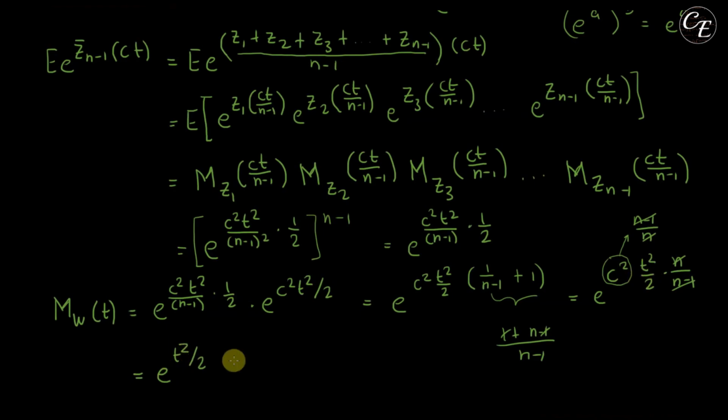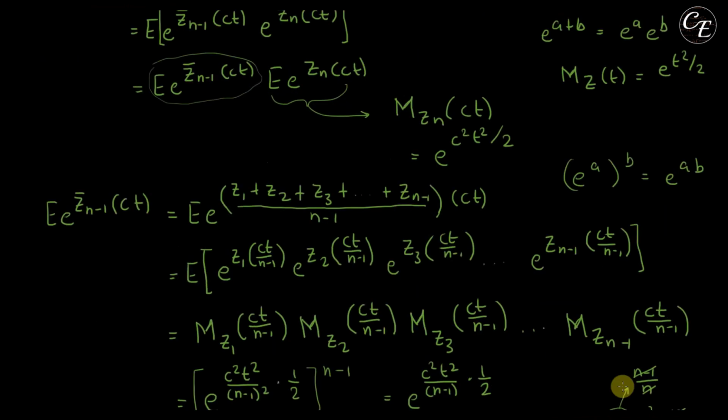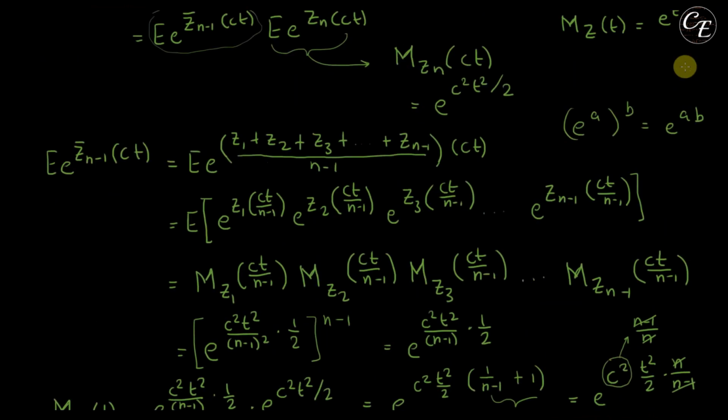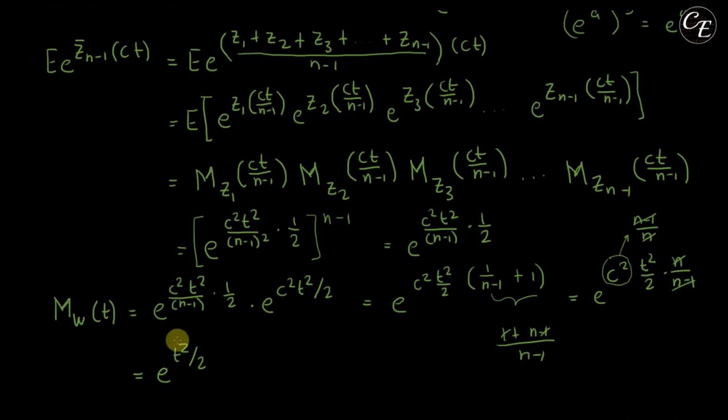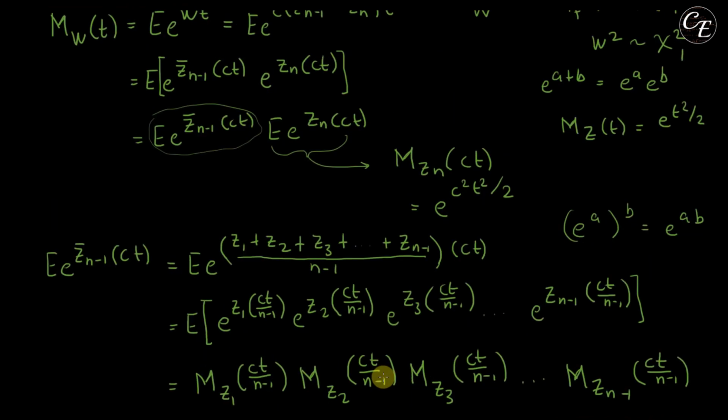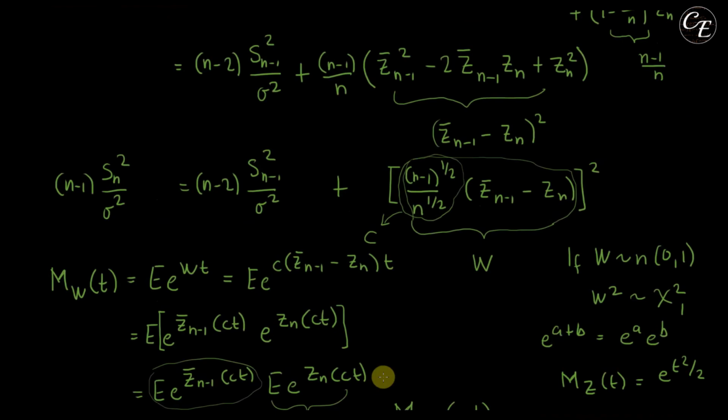Then it is the same as this one, meaning this W has the same distribution as Z, or has a standard normal distribution. So now we have proved that this W has a standard normal distribution.